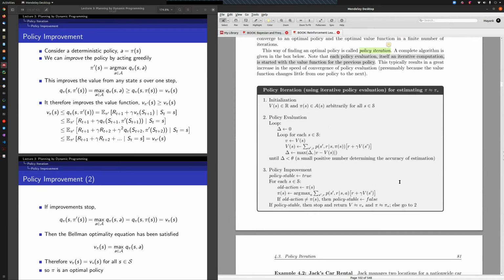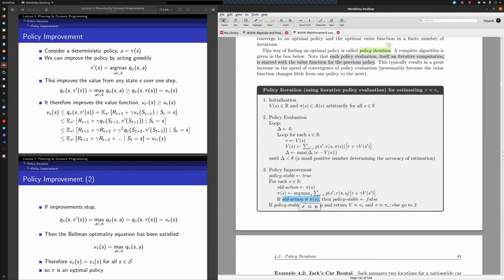So here they have compared the old action.